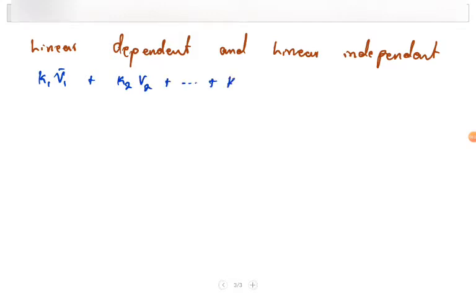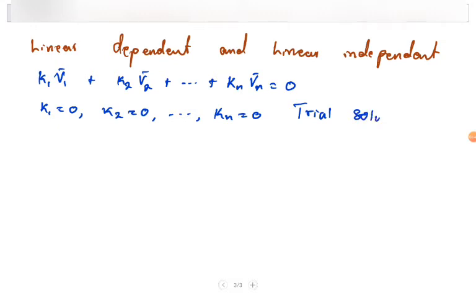So we already have one solution, which is k1 is 0, k2 is 0, and also kn is 0, and we call this a trivial solution. So it's actually finding the value of k. We found that if k1, k2 up until kn are 0, we already have 0.